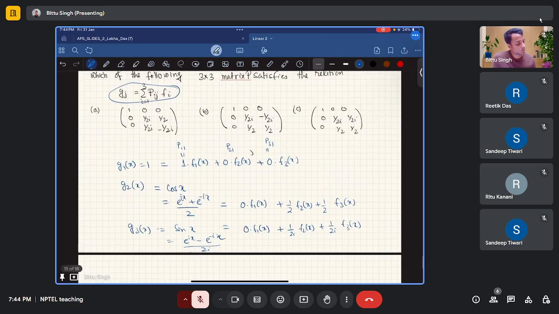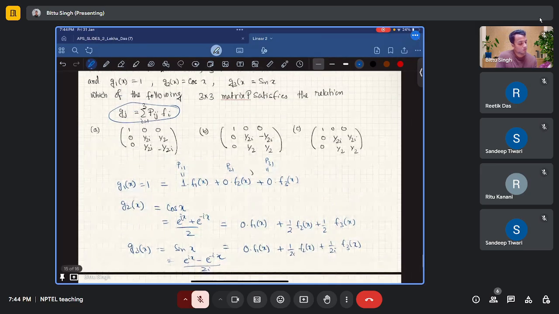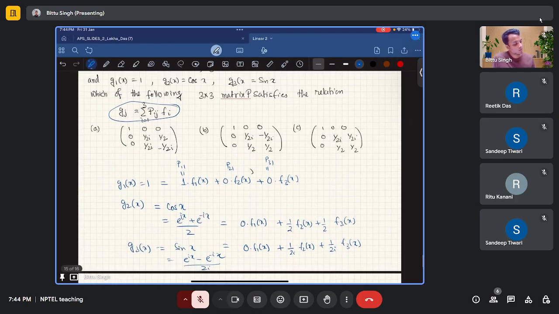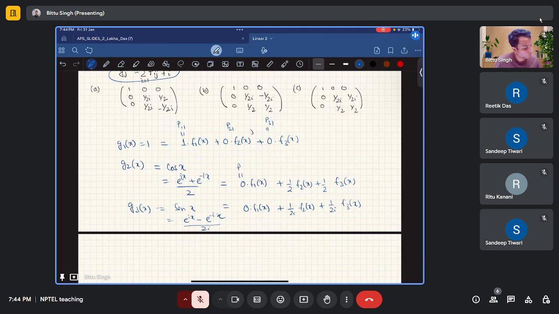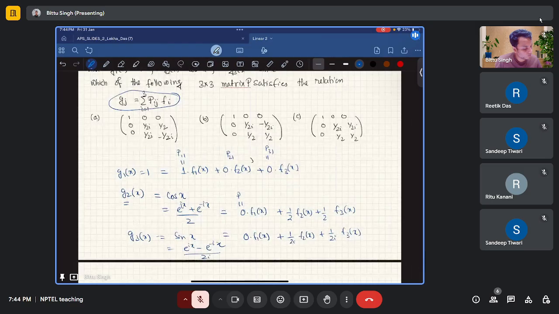So from here, those are our entries. Those are actually P. This is P12, this is P22, this is P32.